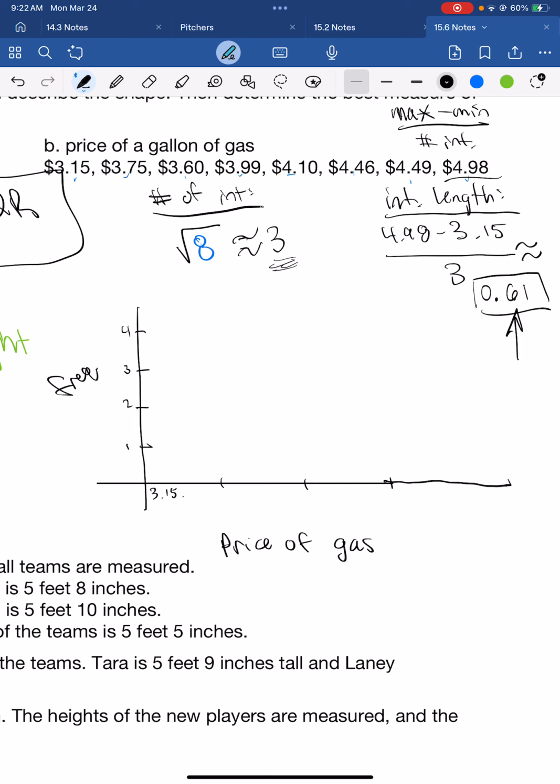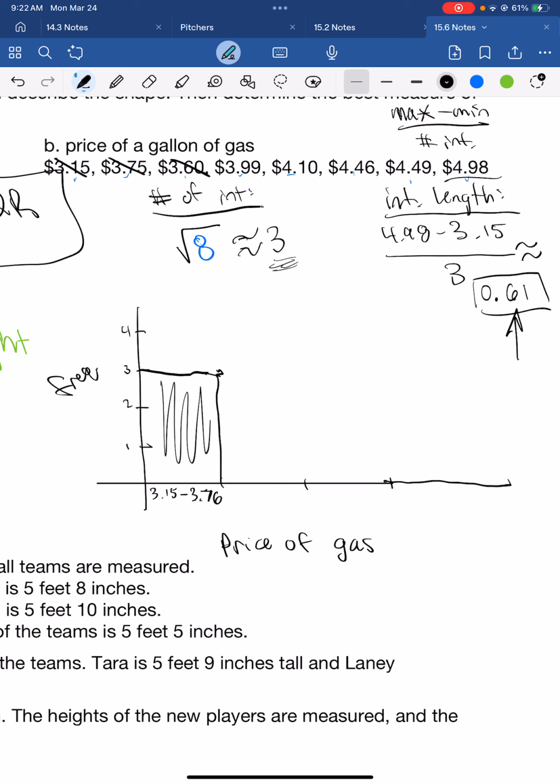Yeah, so we'll go from 3.15 and then we add the 0.61, and that's going to put us at 3.76. So for this first section, we're looking for how many numbers do we have between 3.15 and 3.76. So if we look through here, we got 1, 2, 3 of them. All right, so I'm going to draw this here, and then there's a line straight up here. So let's go there. And that's one of our little plots there.